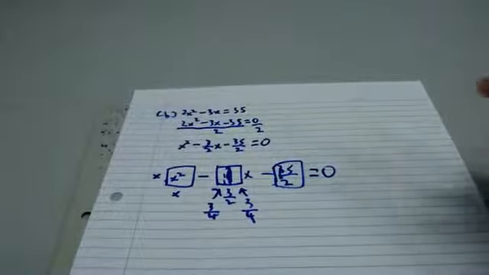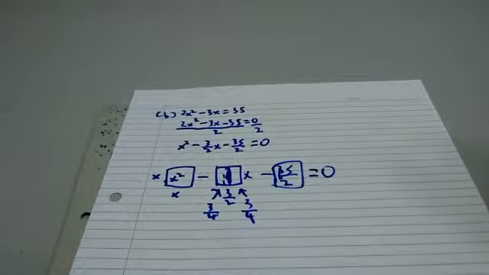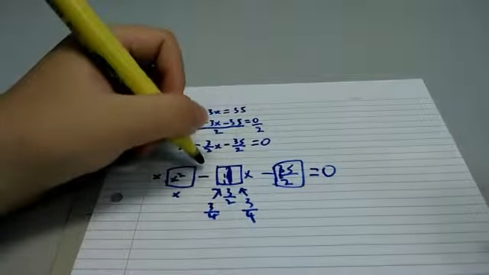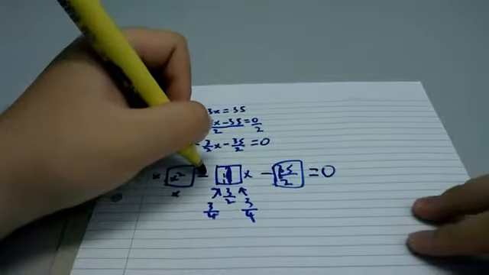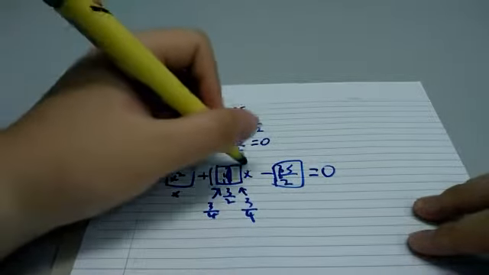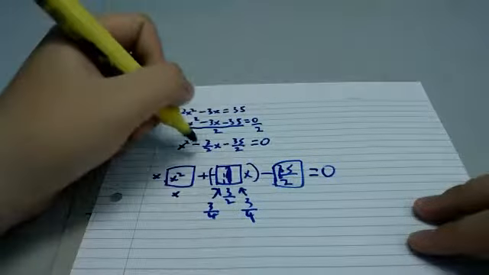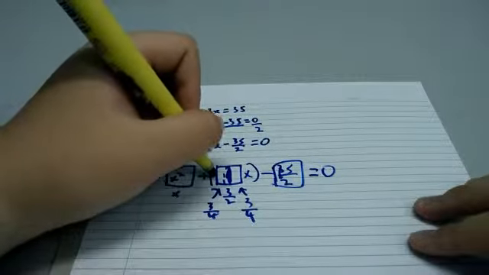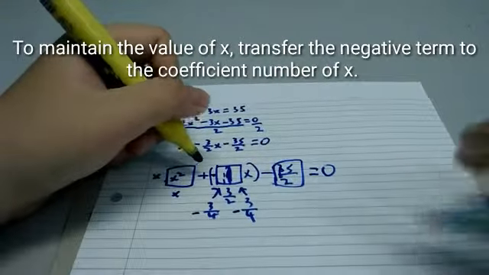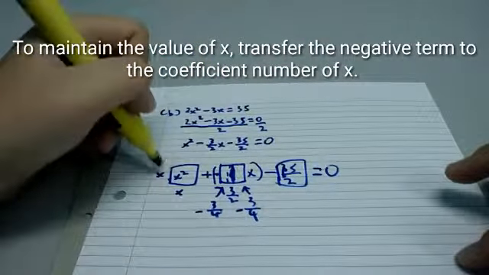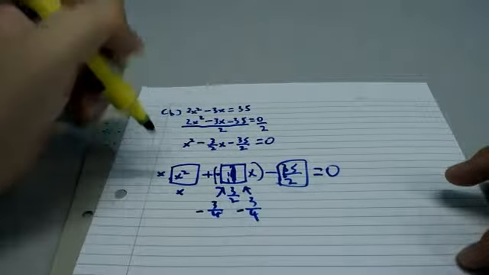And then how are we going to add it? Because it's minus, we write it as plus, but don't forget we need to write a negative. So we need to transfer this negative to both of these parts, because the x needs to maintain the same value.